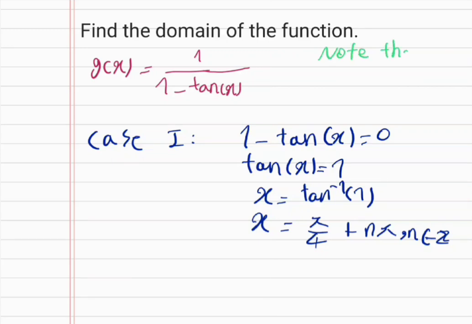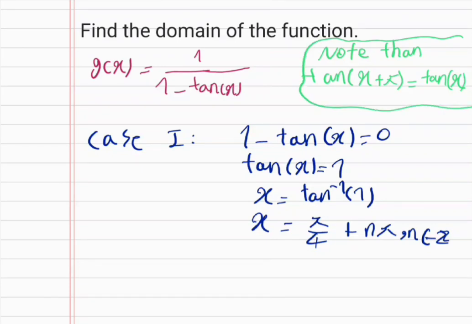Note that tan of x plus pi is equal to tan x. So this just means that the value of the tan repeats every pi because it's periodic. So now these are the x values for which in the first case the function is going to be undefined, and we need to exclude this.